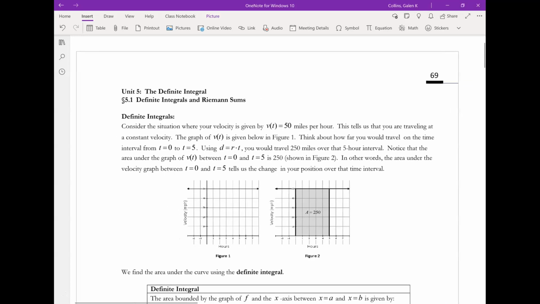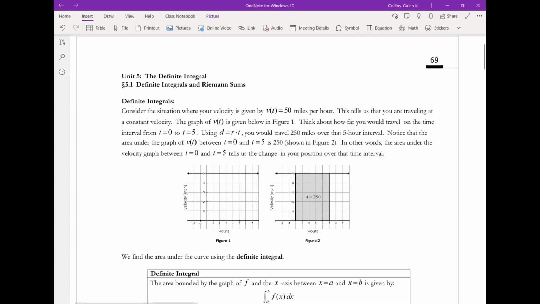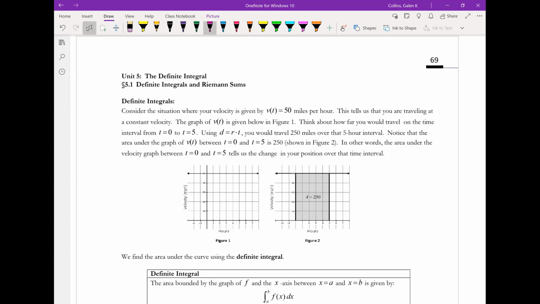So if you consider the situation at the top of page 69, where we have velocity given at 50 miles per hour, if we were to graph a constant velocity of 50 miles per hour over a time interval from 0 to 5 hours, well, we know that constant velocity would just be a horizontal line if we're graphing velocity with respect to time.